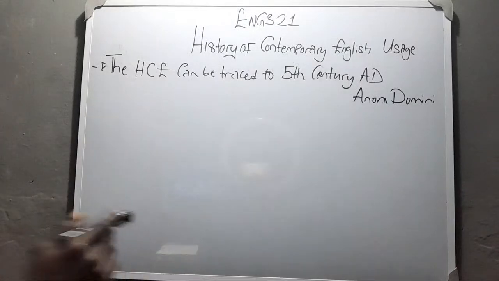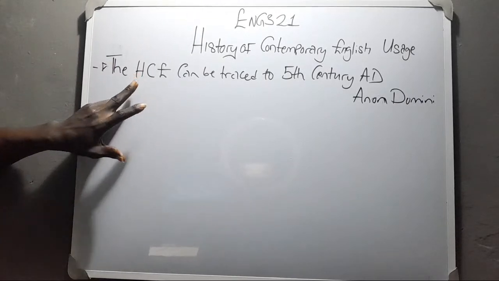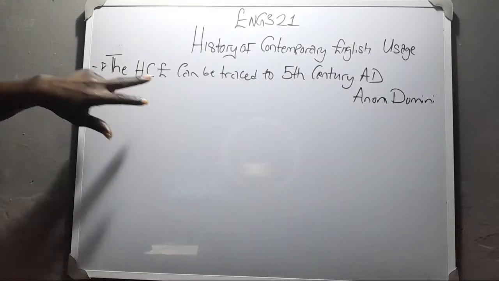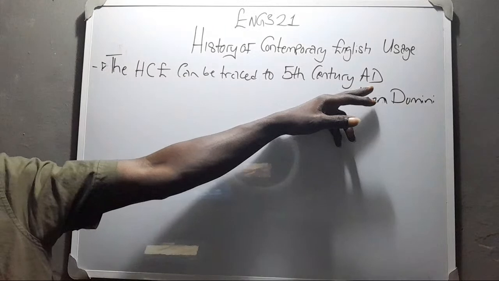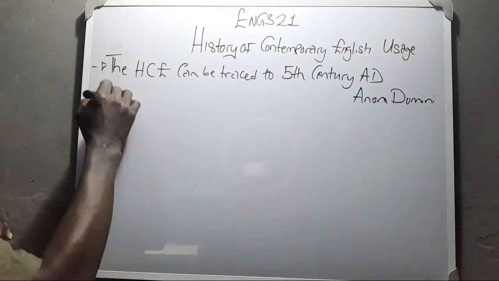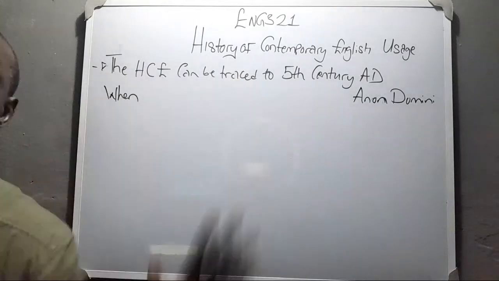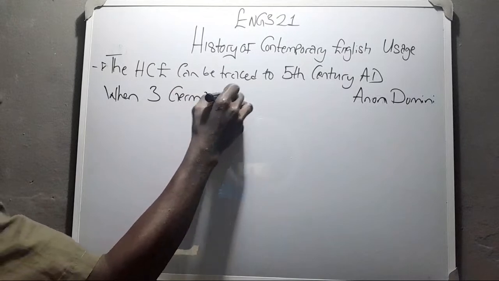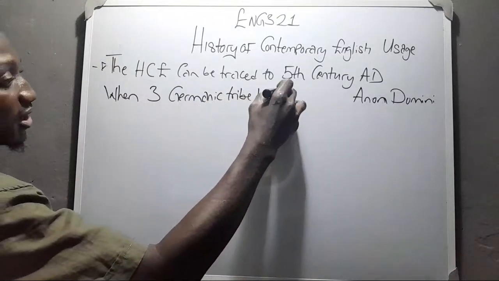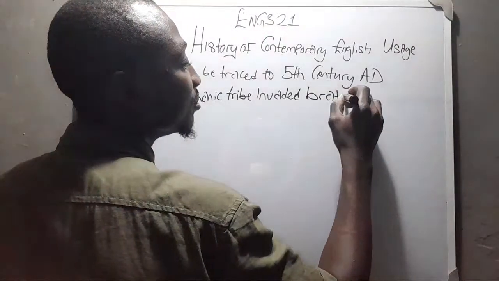The same thing we read in the material: the history of contemporary English can be traced to the 5th century AD, when 3 Germanic tribes invaded Britain.